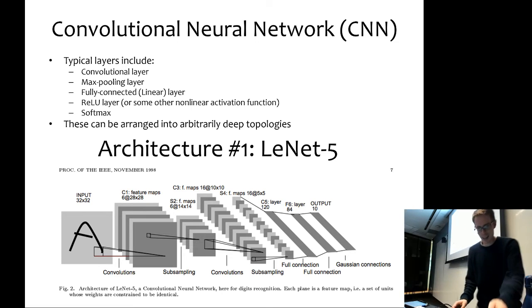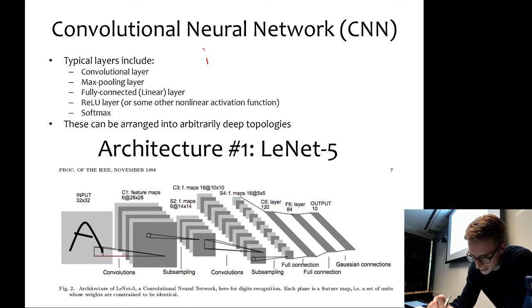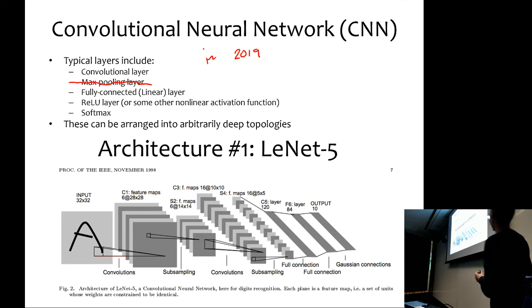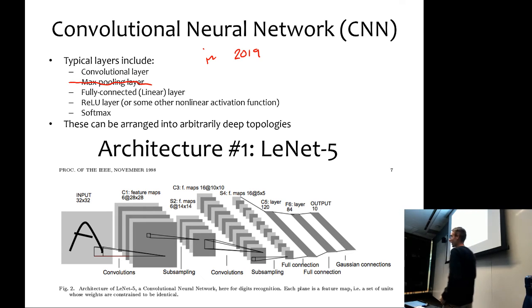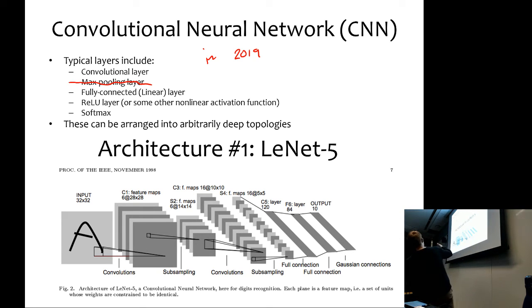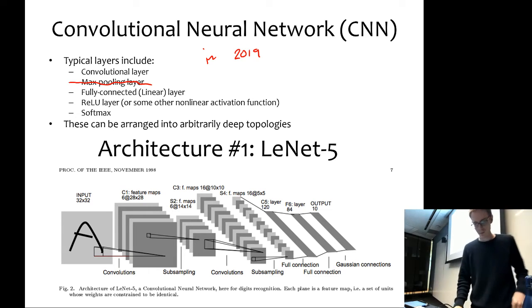The typical layers in 2019 include basically all of these, except for max pooling. It has kind of gone out of favor, and we found that you can basically do everything that you want to do with convolution. Okay.